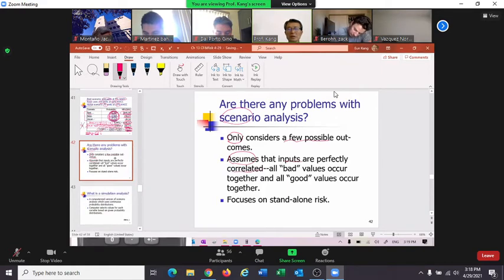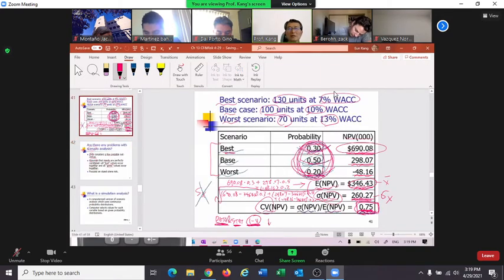That means what? All bad values occur together and all good values occur together. So it's like this. Best case, 130 units at 7% WACC, the best case together. And worst case, 70 units and 13% WACC. Sometimes that makes sense, sometimes that doesn't make sense, right? Sometimes two variables may act against each other. For example, price goes up, then what?